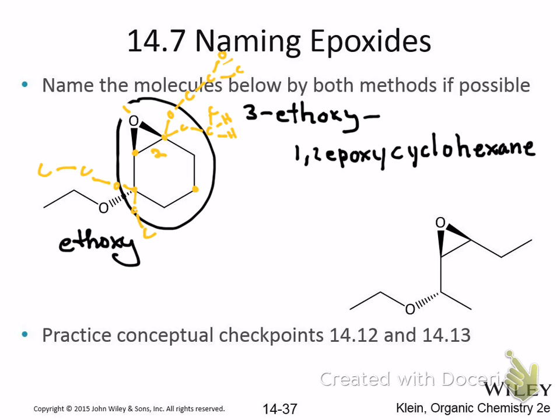So this is 2, which makes this 3. So this is going like this. So that's R. So that was R and S. So it's 1S, 2R.